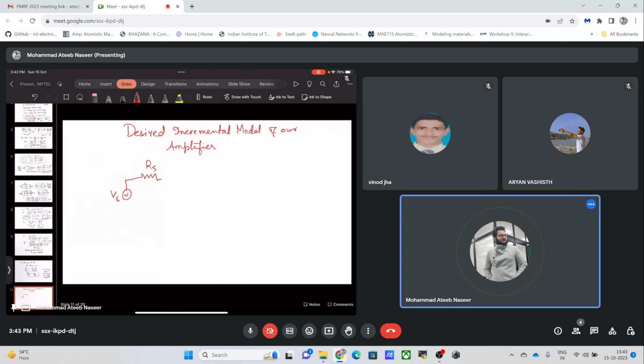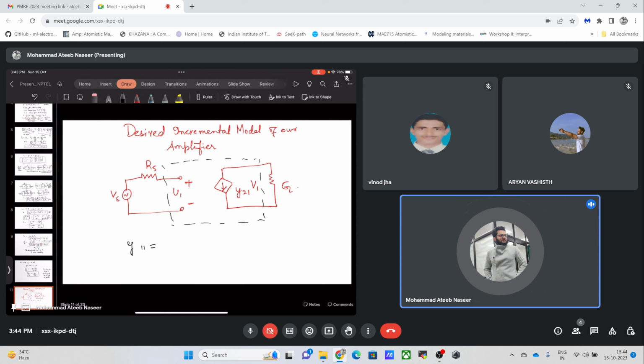Since y11 and y12 both are equal to 0, this will be our v1. Okay, small signal incremental model. This is y21 dependent on v1. This is the gl. So this is our desired incremental model.